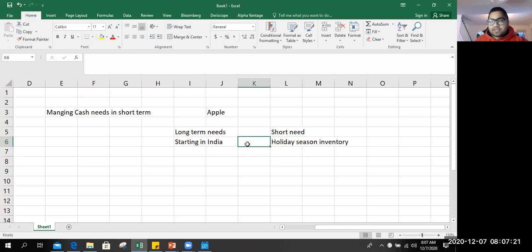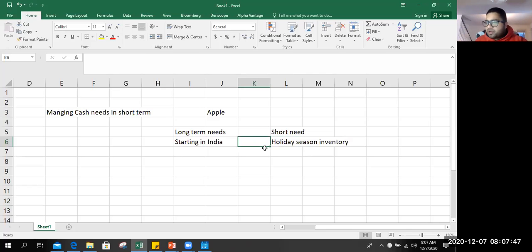So we are taking an example of Apple, but this is equally true for every other company in the world. Every company has long-term needs like building factories, creating new products, doing research and development, and it has short-term needs. Short-term need means it would need inventory, it would need product to sell, right? And most firms are seasonal, so demand is seasonal.